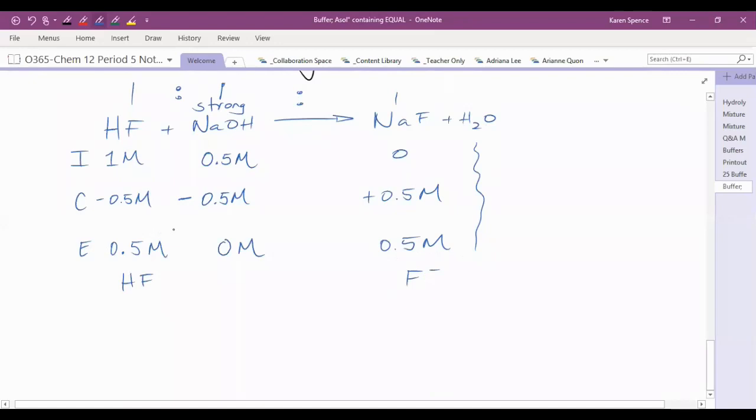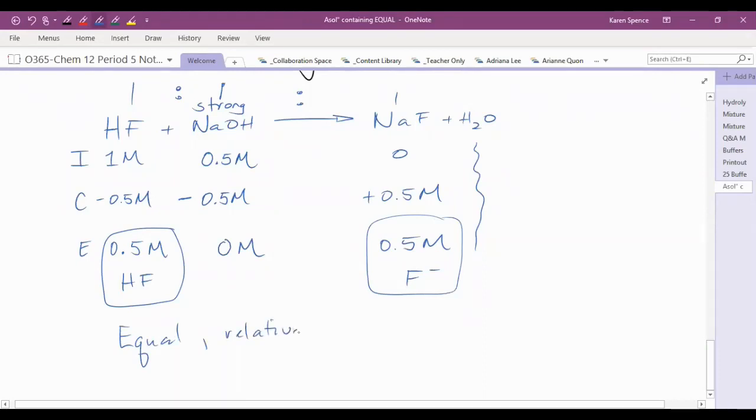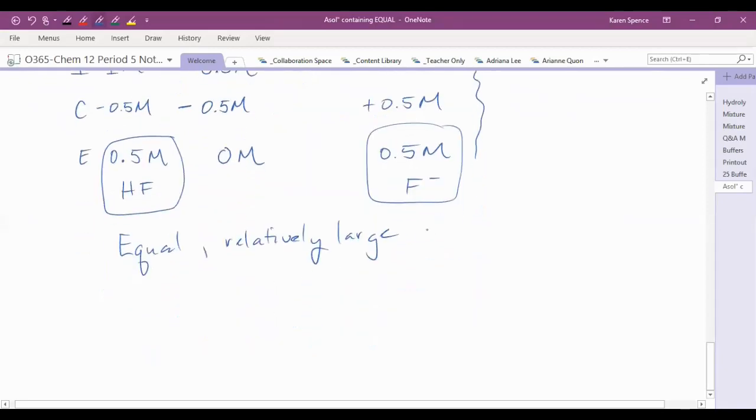And I now have equal, relatively large concentrations of the weak acid and its conjugate base.